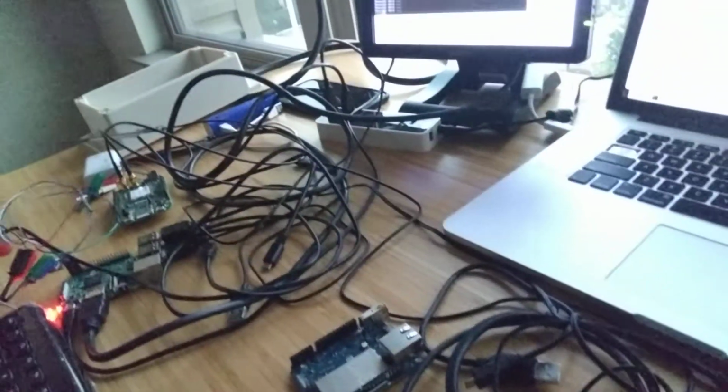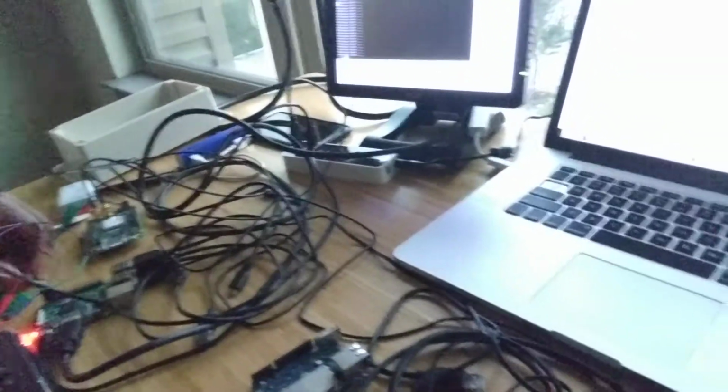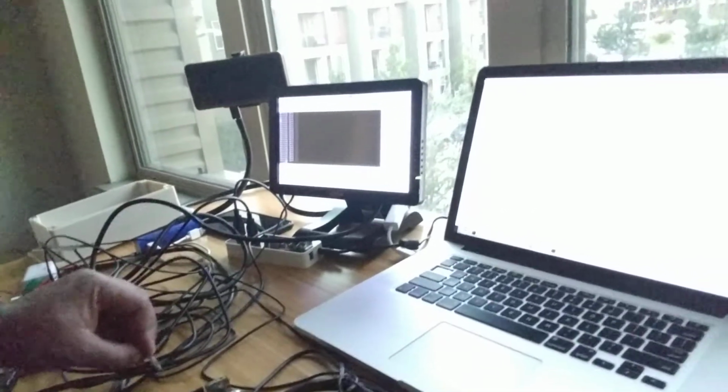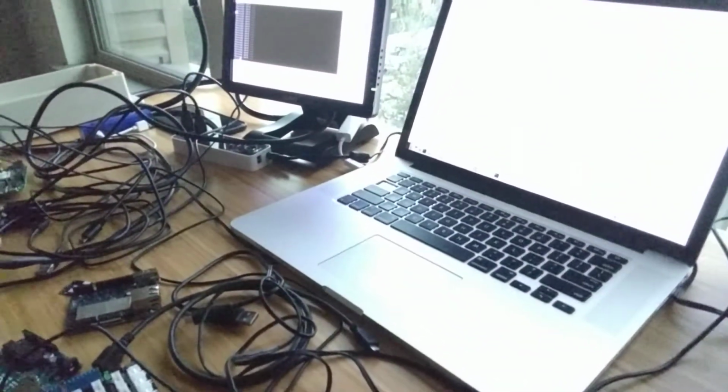And then this is the GPS module for logging location, latitude, and longitude. Then there are a couple of other devices being used like Arduino Uno, and once all this data is collected, it is pushed to the AWS cloud.